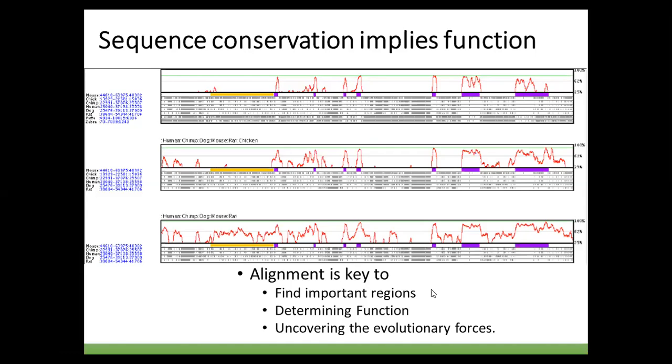Another, we can determine the function of a particular protein. If you find a region similar to a region of another protein, and that region is responsible for the function of that protein and was identified earlier, we can say the new protein has the same function.